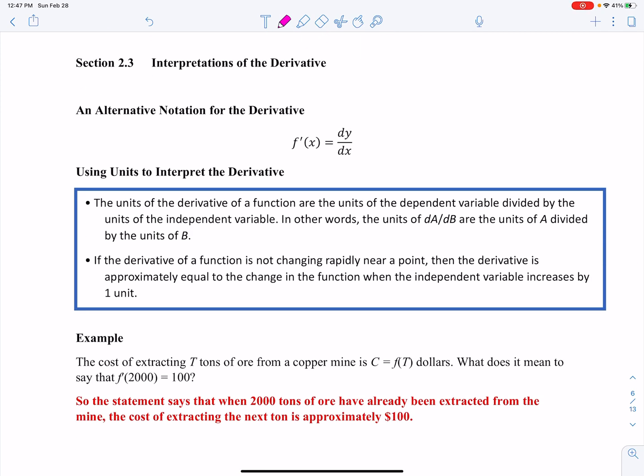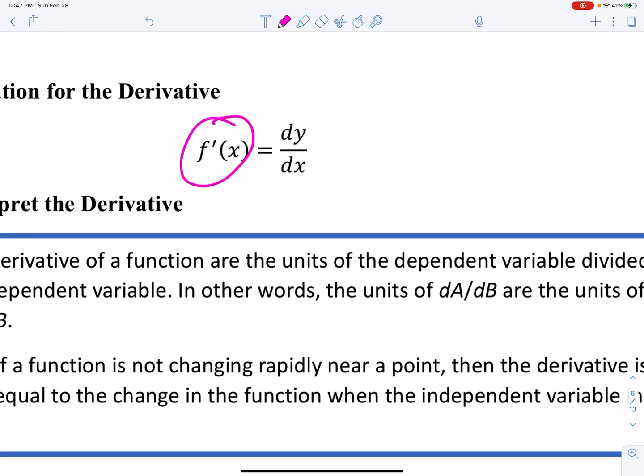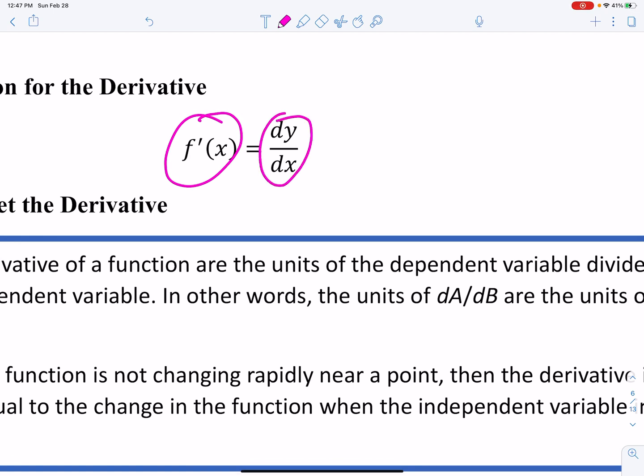Section 2.3, interpretations of the derivative. So we've already talked about the derivative. The derivative is the slope of the tangent line on a curve at a given point. And we use this notation, f prime of x. There's an alternate notation, and that's this one here, dy dx. That's how you state it, dy over dx, but we state it dy dx.